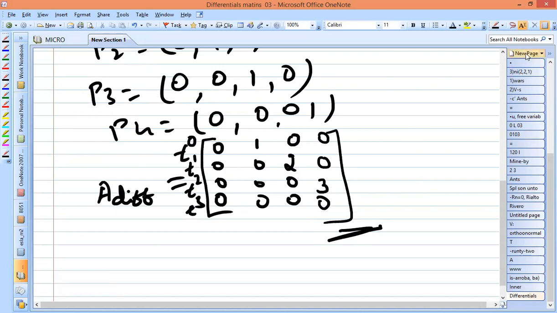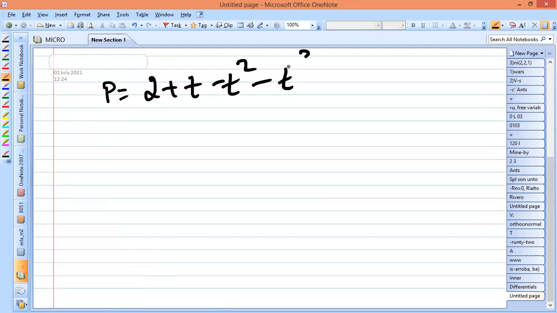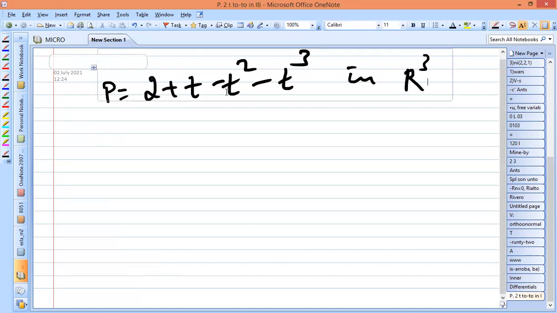Next, let us take the next problem. Find the derivative of the polynomial p is equal to 2 plus t minus t square minus t cube in R3. For this polynomial p, we are asked to calculate the derivative.